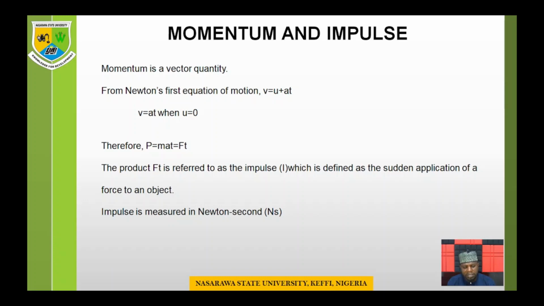An impulse, as I earlier said, is simply the product of force times time. Impulse is measured in Newton seconds because it is simply force times time, and force is in Newton, time is in seconds. So the unit of impulse is Newton seconds, that is Ns.